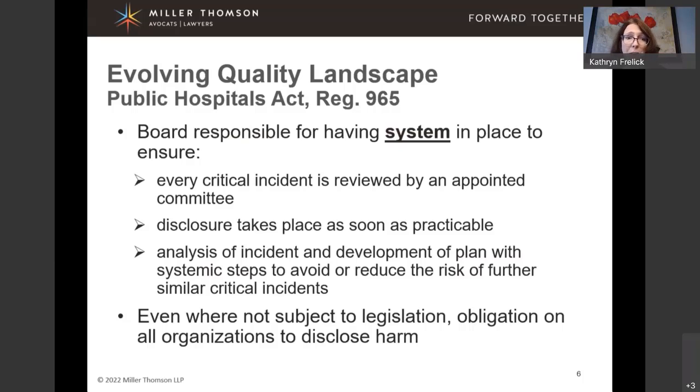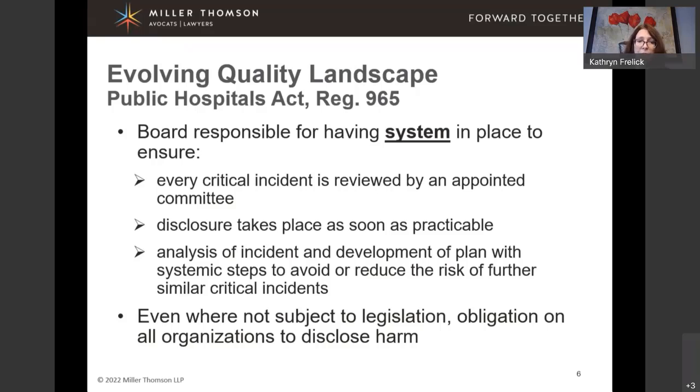So for public hospitals, when we're dealing with critical incidents, again, the board is responsible for having a system in place to ensure that every critical incident is reviewed by an appointed committee. And I'm going to underline the word committee for now and can go back to it a little bit later. A disclosure must take place as soon as practicable, to either the patient or their substitute decision maker, but also to the administrator of the hospital and the medical advisory committee.